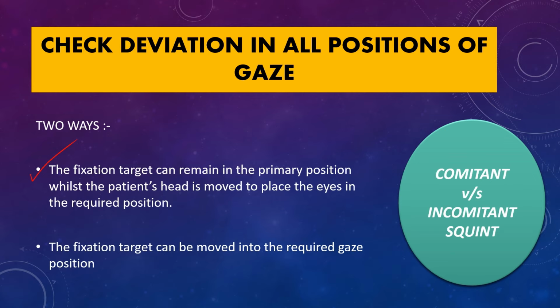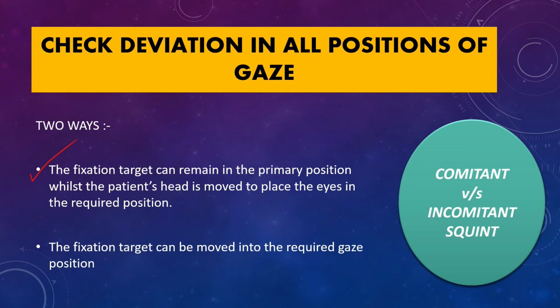Now, the reason we are doing it is because if the angle of deviation is equal in all the 9 positions of gaze, it means that we are dealing with a comitant squint. Okay, so in comitant squint, there is no paralysis of any muscle, there is no restriction of any muscle, and in simple words, it is just a balance which is disturbed between the two eyes.